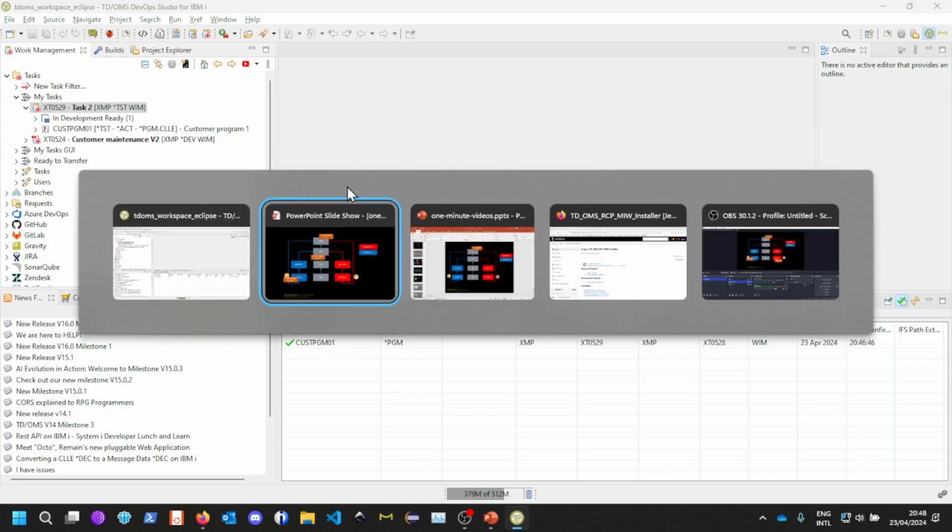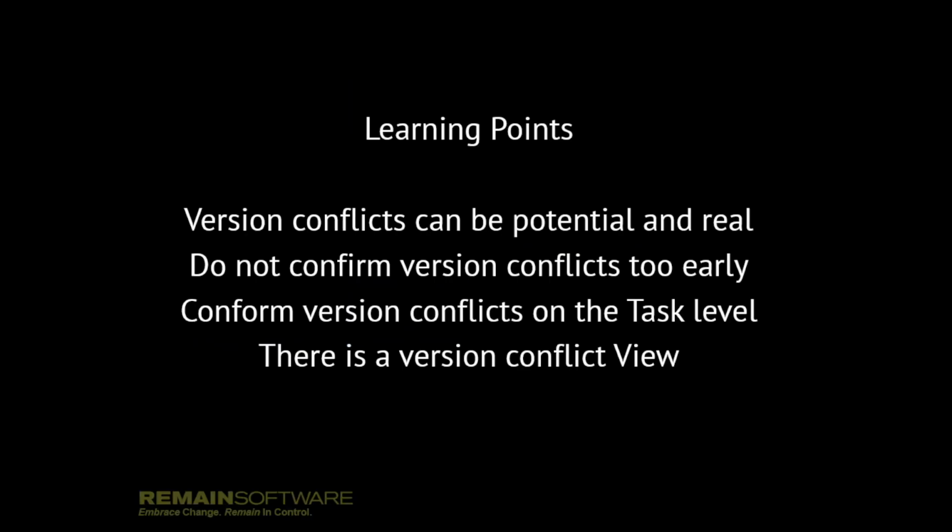So let's take a little recap here, and let's take a look at the learning points. The version conflicts can be potential and or real, right? A potential version conflict is when both objects are still somewhere in the cycle, and a real version conflict is when one of the two went to production.